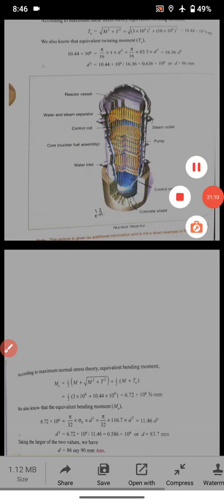Now, as we had discussed, on comparing, take the larger value among both. So according to Guest and Tresca theory, the diameter is 86 millimeter, and rounded off to the nearest integer in the multiple of 5, that is 90 millimeter. Okay, got it?